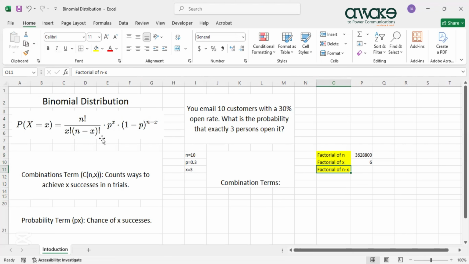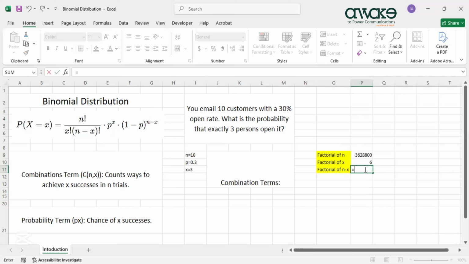So N is 10, X is 3, that makes 7, right? So it will be the factorial of 7 because 10 minus 3 is 7. So we say equals FACT, and we now have the factorial of N minus X.